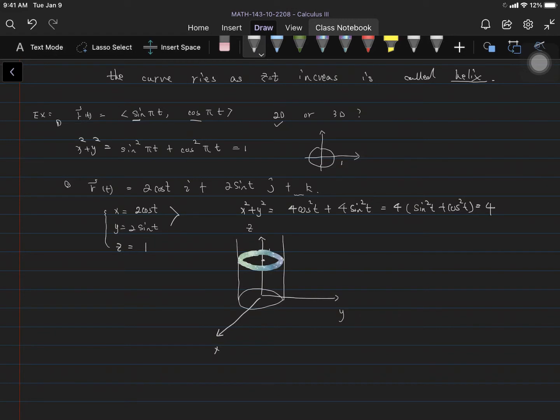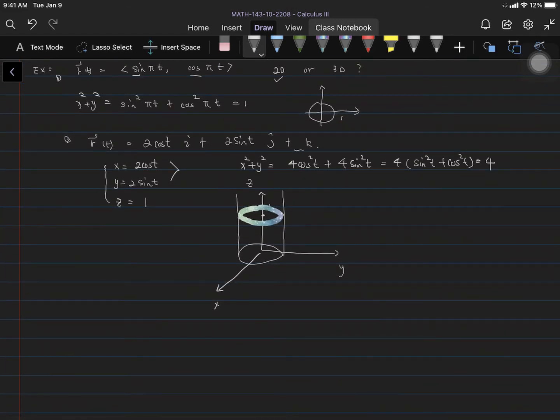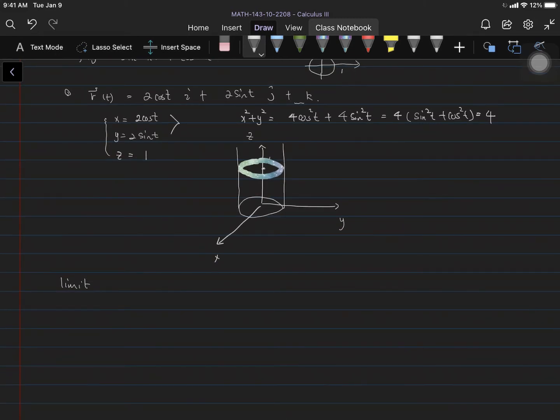Now let's take a look at the limit and the continuity for vector functions. It's a vector, but it's also a function, so we treat it as a function. For a function, we have limits. We just look at the limit and continuity; we don't use continuity too much.